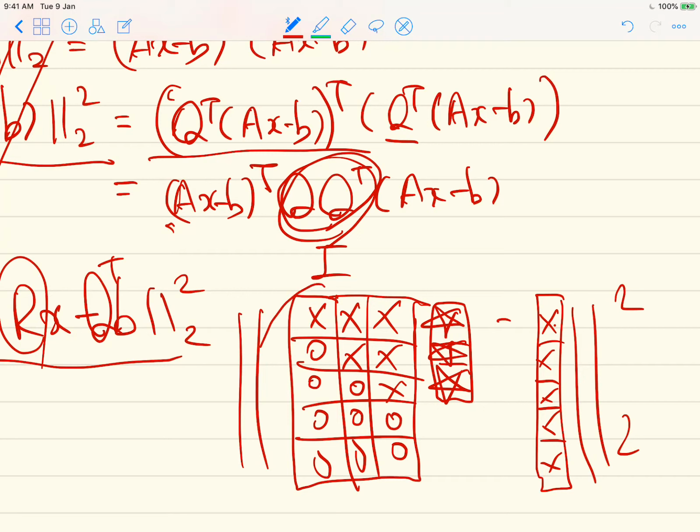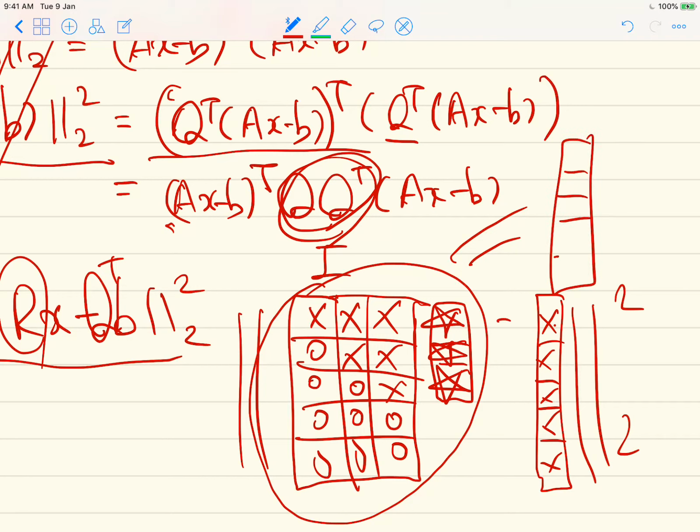Okay, so in this case, this guy will produce still a 5-dimensional vector, and then what are the last 2 values? It should be 0, because in this case it will produce 0 and then also produce 0, right?